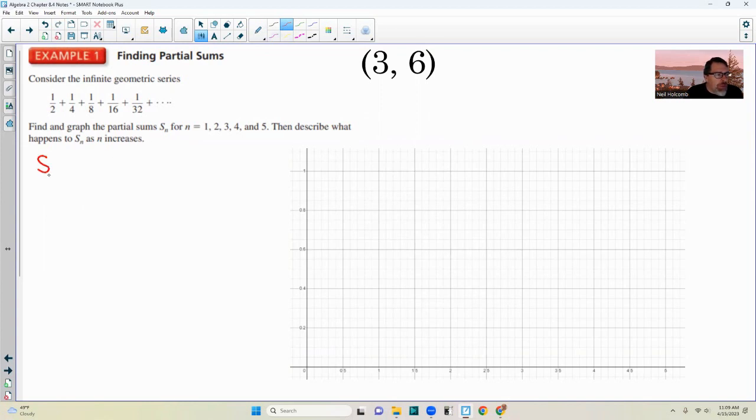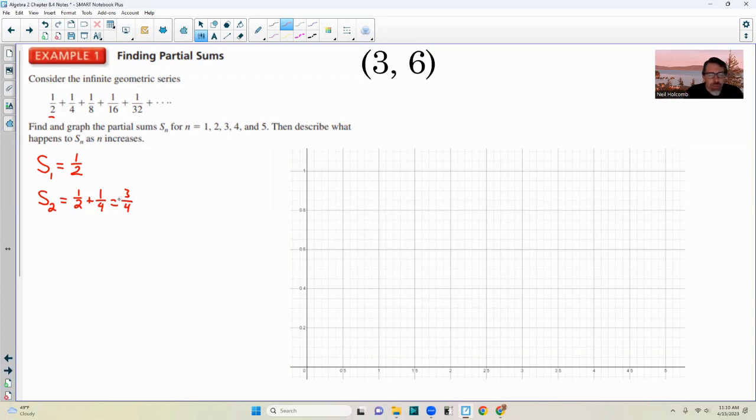So how we're going to do this is we're going to take S sub 1, and S sub 1 is our first term. That is 1/2. If you're adding nothing to the first term, the sum of the first term is simply the first term, so you just get 1/2. So S sub 2, that means the sum of the first two terms, is 1/2 plus 1/4, which equals 3/4. 1/2 is 2/4 plus 1/4 is 3/4.